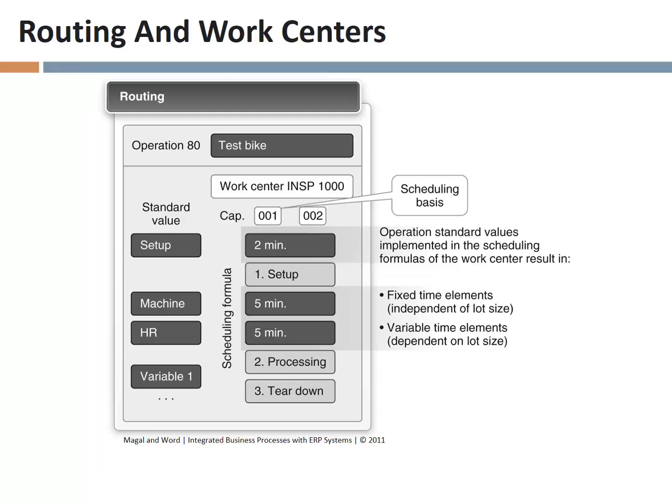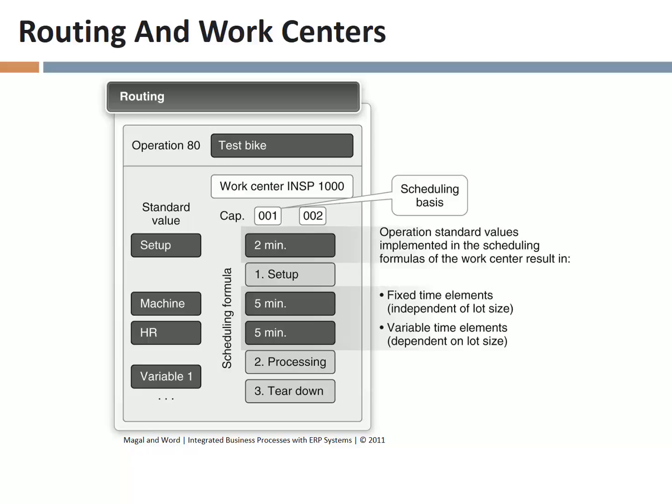Now, one of the things that you will see in the routing is for every operation, which we looked at on the last screen here, there will be a work center defined. There will be information stored for setup time, for machine time, for human resources, and then we could have other things that would be variable time elements that might be different than that.